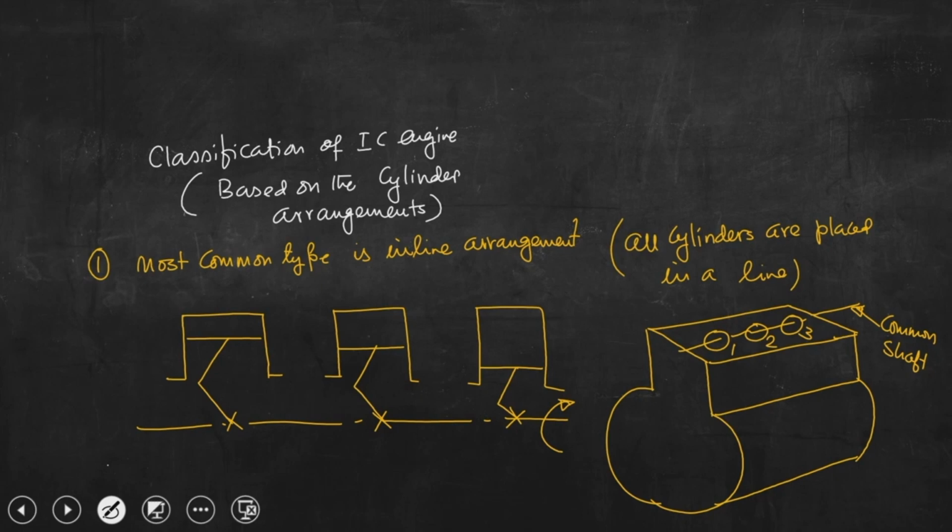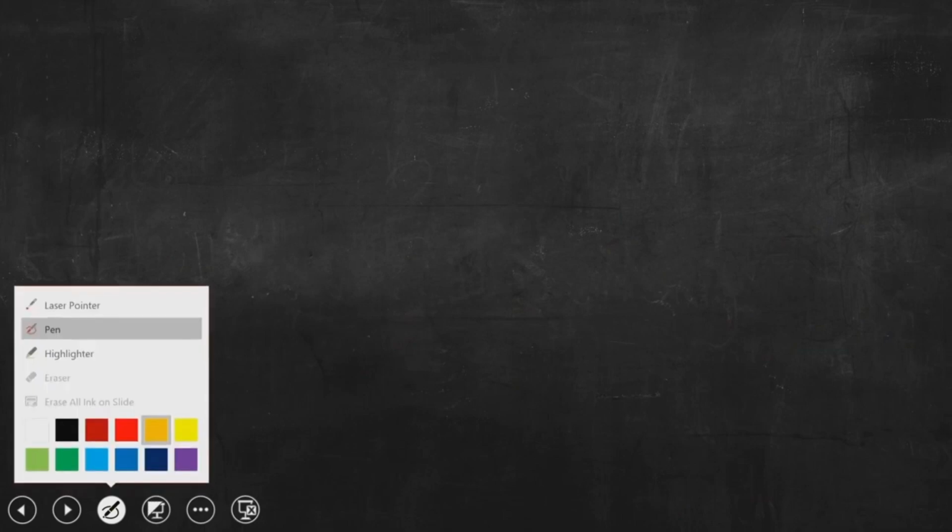So, you can understand all cylinders are connected to a common shaft and power is supplied to this common shaft. So, this is most common type inline arrangement. Next, number 2 is opposed cylinder type.